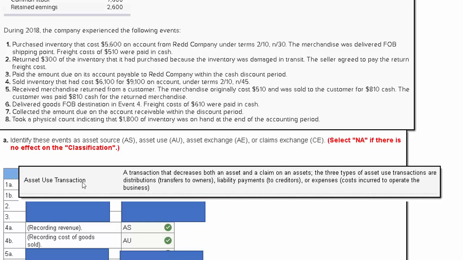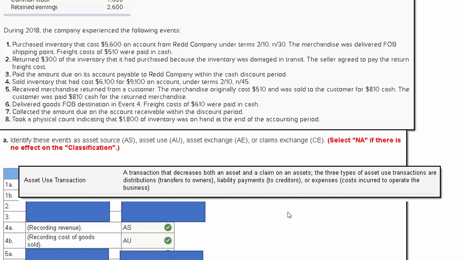And I've put the definition, or at least one definition, of an asset use transaction. It's a transaction that decreases both an asset and a claim on an asset. Okay? And there are three types of asset use transactions. We could have distributions, like a dividend, right, where we reduce assets and pay it to the owners of the business. Stockholders are indeed owners of a business. Or we could have liability payments, where we reduce assets to reduce our liabilities.